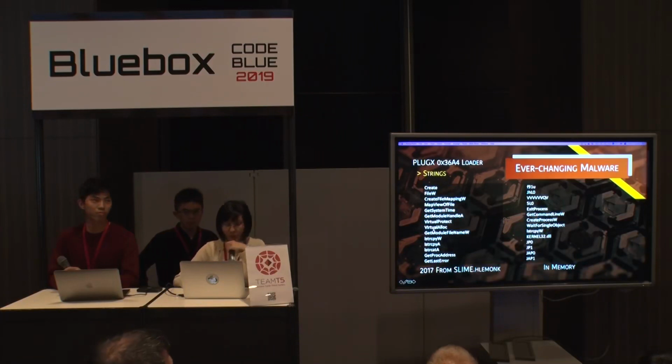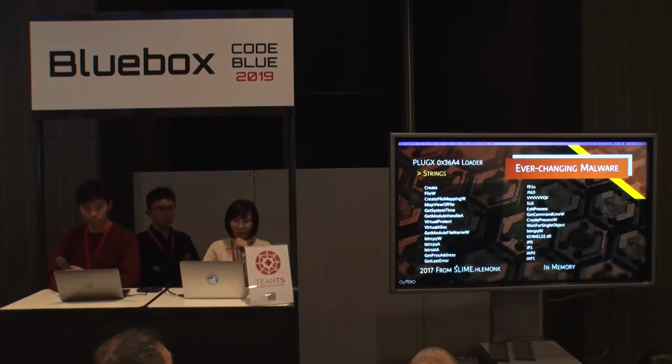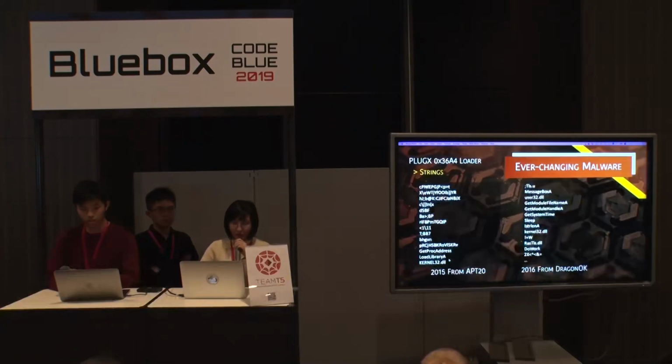And we move on to the third one that we track as Lemon. This is actually another public group, and we tracked this PlugX in 2017, and the strings look very different from the previous two. Let me switch to the left side.